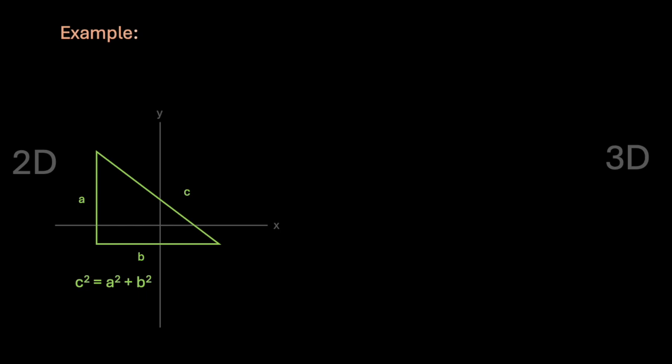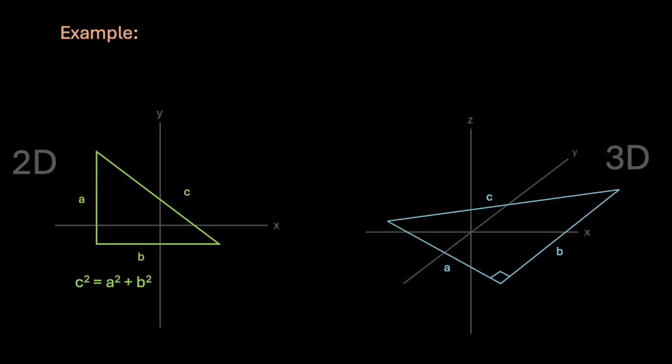So for example, here's the Pythagorean theorem, well proven in 2D. What if we're working in 3D and we've got a right triangle? None of its edges are aligned with an axis, but the two edges labeled A and B are mutually orthogonal. Does this require a separate proof?